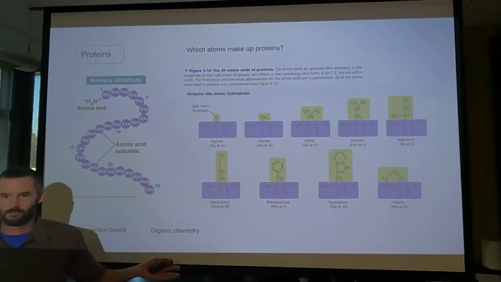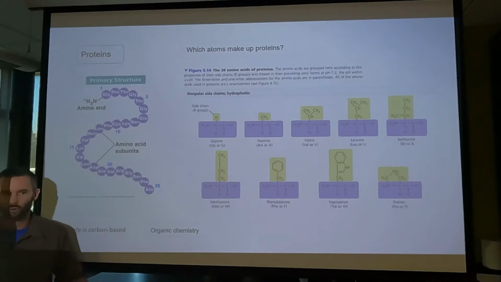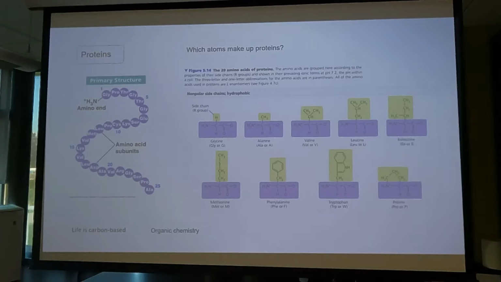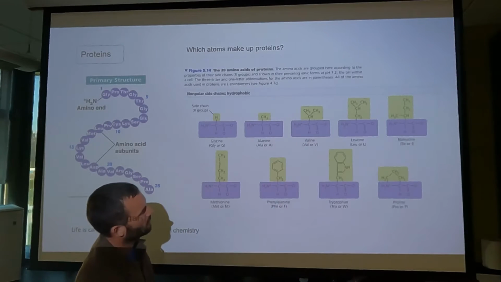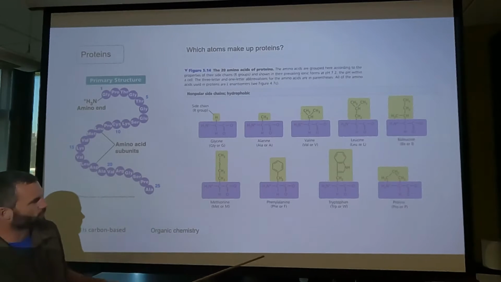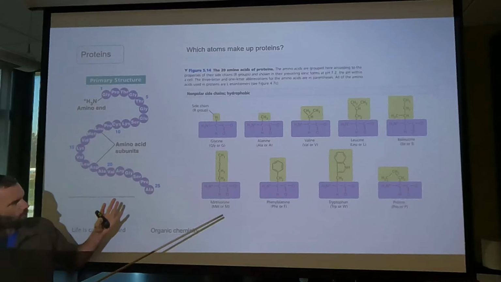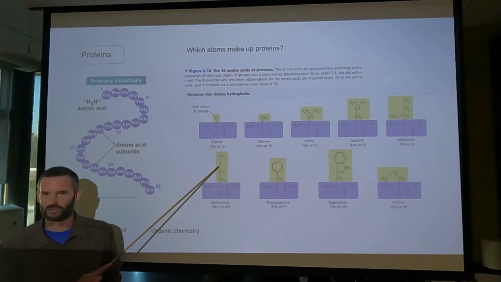There you go. Those are the four most common elements found in the body, at least according to weight. All the same ones there. In fact, all of this group has those four elements in them. Here's a sulfur, so there can be other elements in it as well.